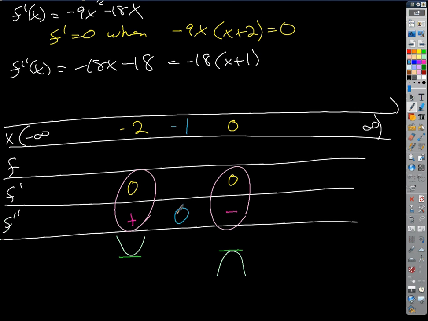So what is going on at -1 for sure? It's an inflection point. How come? Because the second derivative is changing sign. That's the definition of an inflection point, isn't it? Does that make sense? Okay, it's a place where we're changing concavity, and so here we get an inflection point.